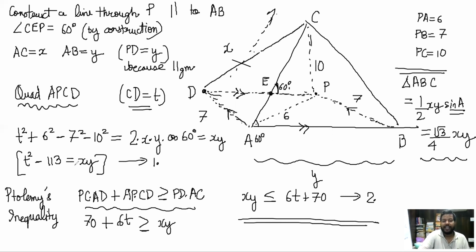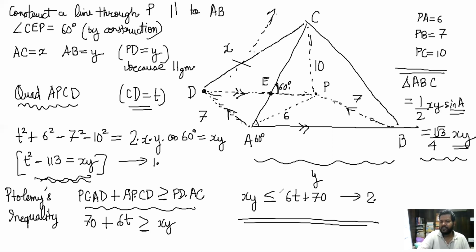So notice now we are getting multiple relations on XY, right? One is from Ptolemy's inequality, the other is from the lemma that we created by using cosine rule. And ultimately, what do I have to say? I have to say something about this XY, the maximum value of XY.